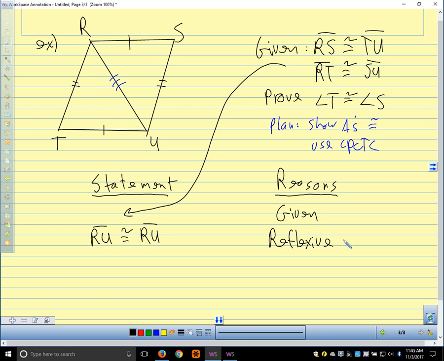Yep. So I'm going to say triangle RUS is congruent to triangle, so RUS. I need RU to match up with RU, so it has to be RUT. The reason for that, what's our reason? Side, side, side.